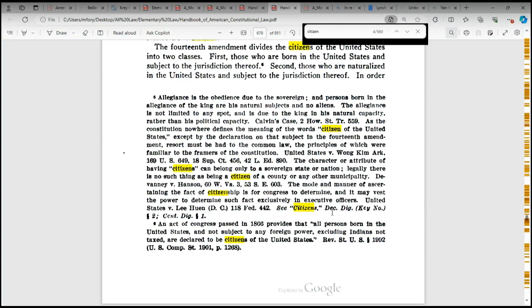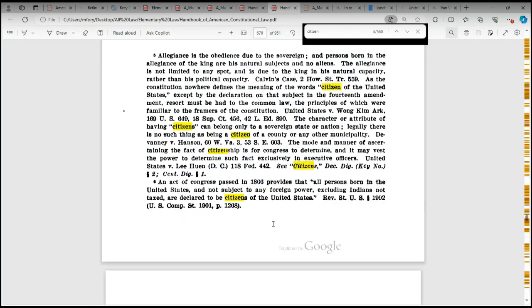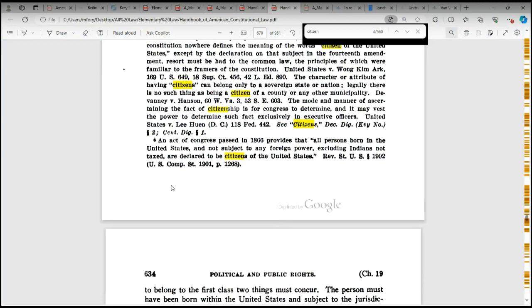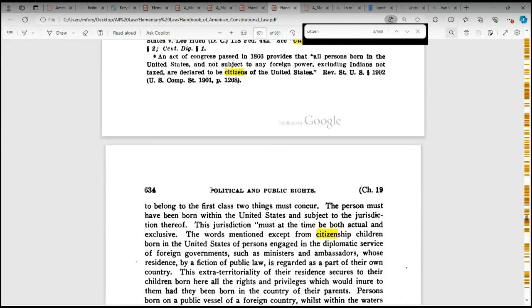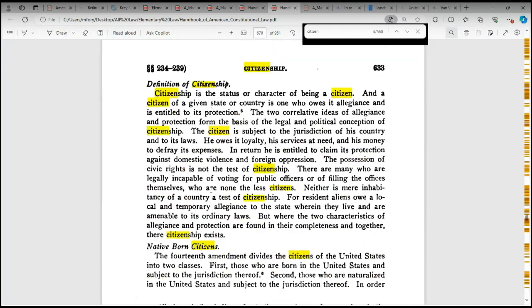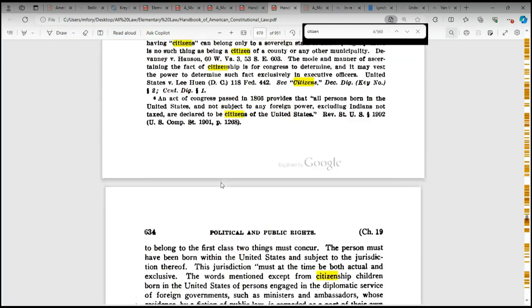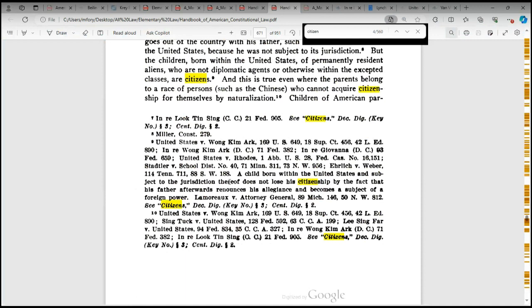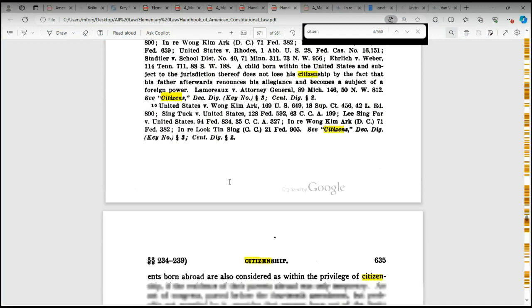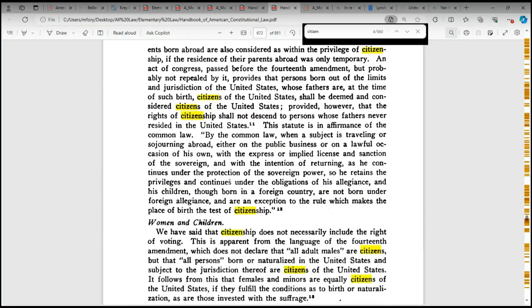I don't know what DEC stands for. Native-born citizens are the same. I'm looking for the annotations in this PDF more than reading the PDF itself.